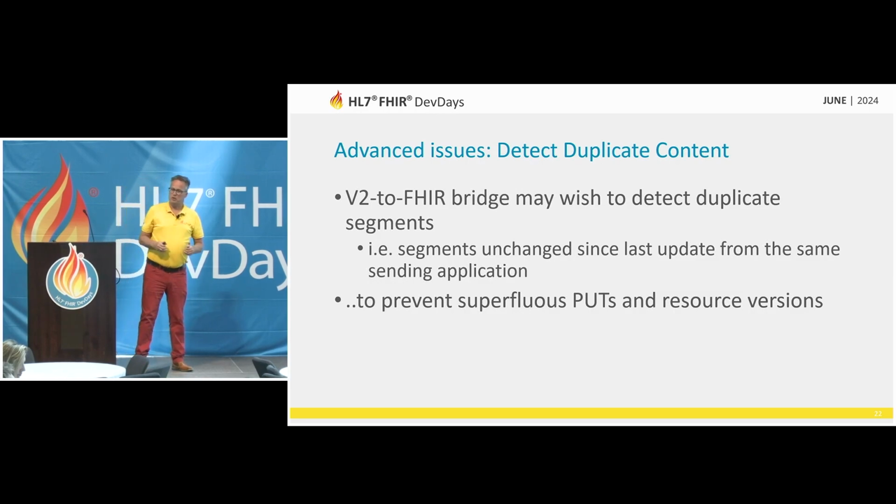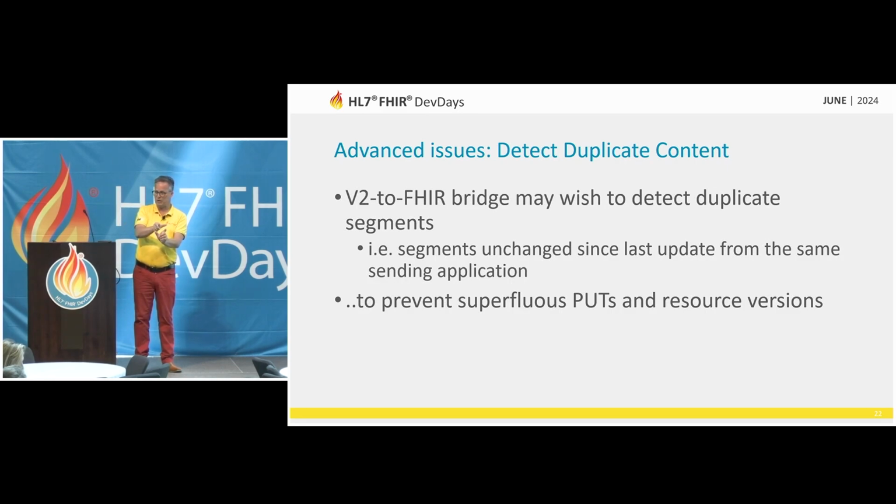Another nice feature, and we have seen that quite often: if you start listening to an ADT feed, then mostly the PID segment will be exactly the same. So there is no use in translating it again and again. So we had a system that grabbed the PID segment from the message and did a string comparison with the previous PID that they received for this patient from the same source.